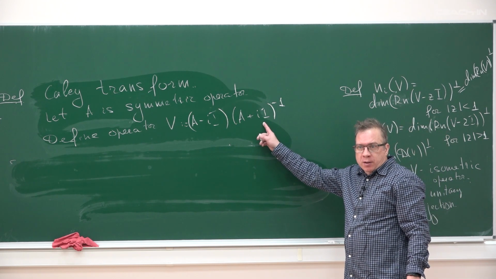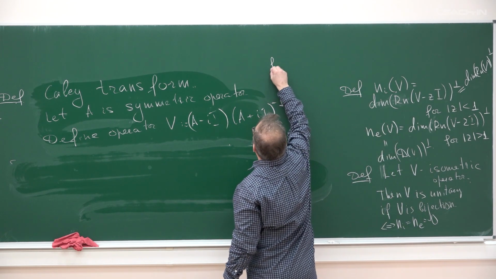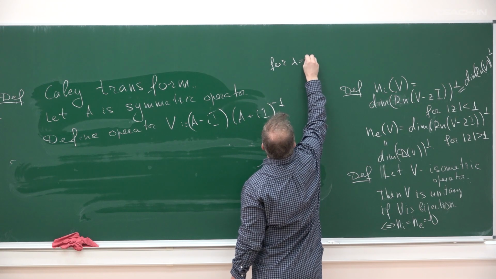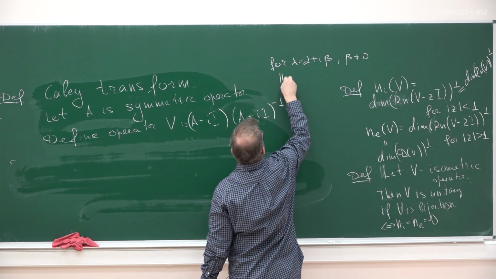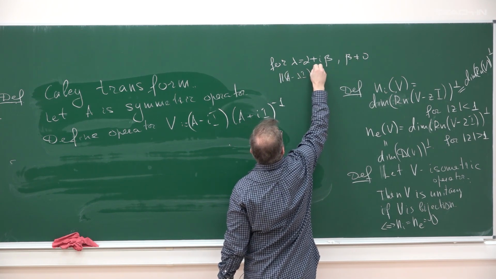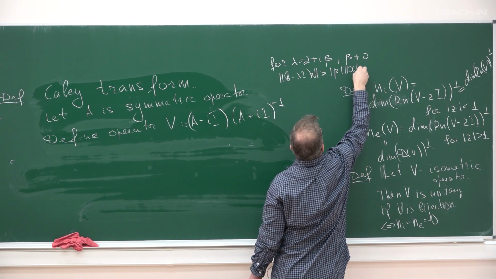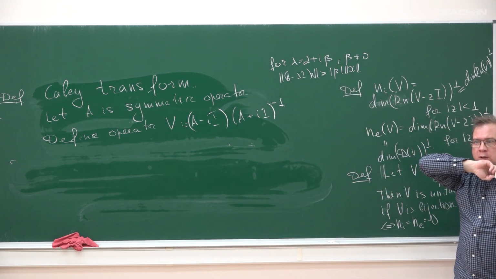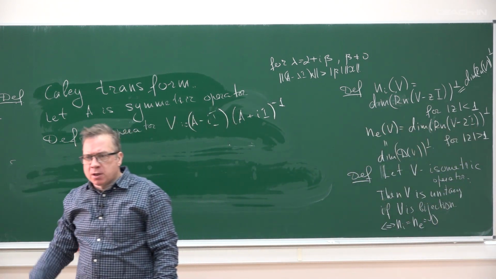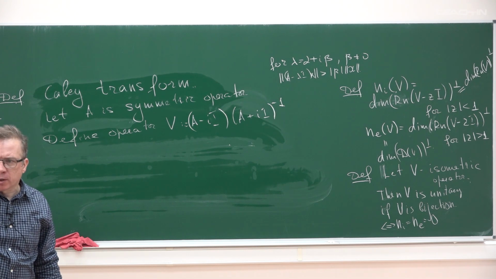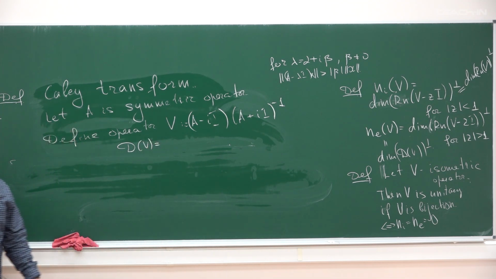We know that the inverse operator for this operator exists because we showed that for lambda which equals alpha plus i beta and beta not zero, this inequality is valid for a symmetric operator. So there exists an inverse operator. But where does it exist? What can you say about the domain of operator V?